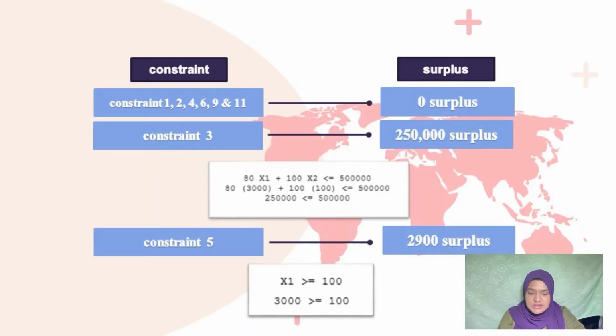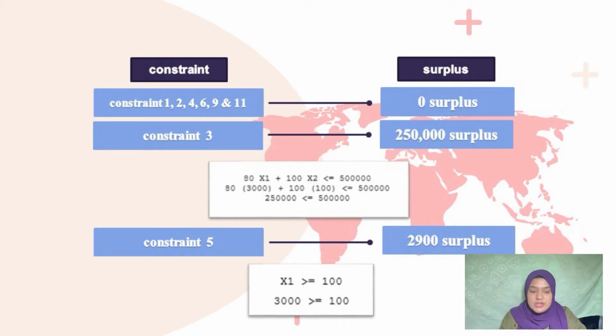So for this question, constraints 1, 2, 4, 6, 9 and 11 have a 0 surplus, which means the resources in these constraints are fully used and these constraints are exactly satisfied as an equality.